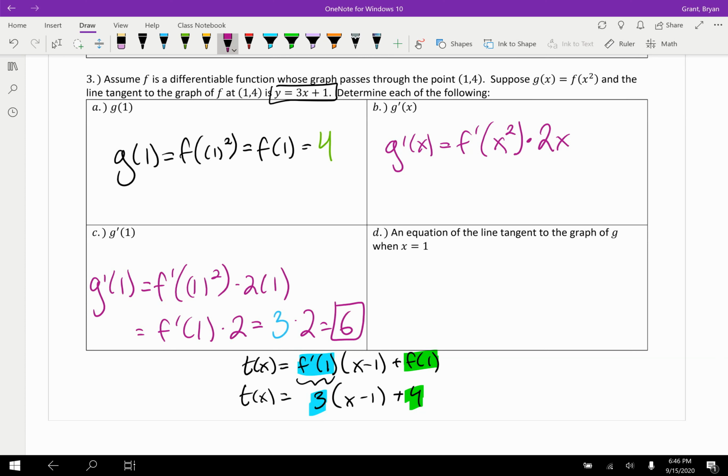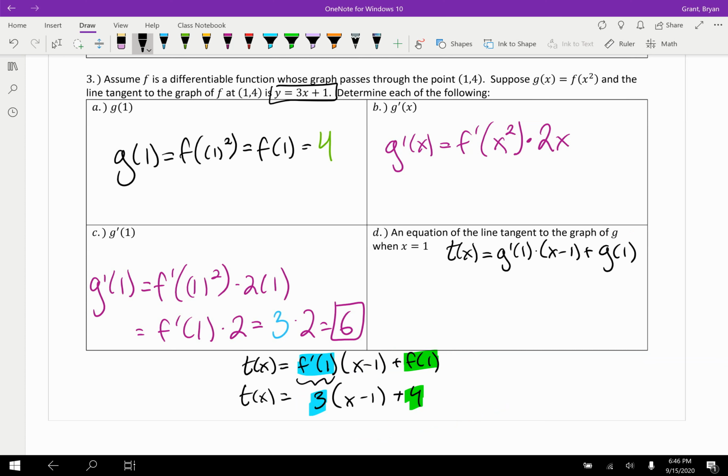An equation of the line tangent to the graph of g when x equals 1. Well, don't we already know that? Didn't we get that right here? Oh, okay. Didn't trick you at all. It's the graph of g. This down here is the graph of f. So let's do the same thing. Let's create our tangent line. Our tangent line is going to be g prime of 1 times x minus 1 plus g of 1.